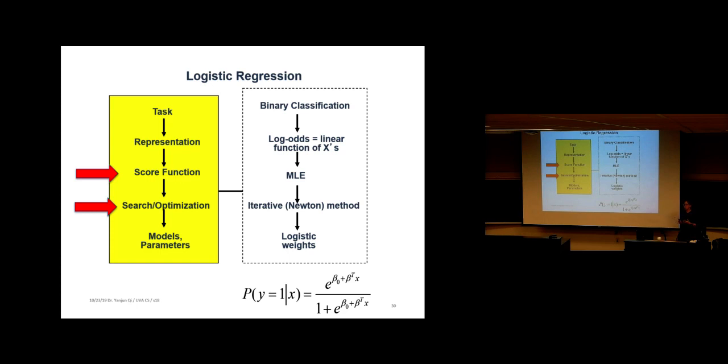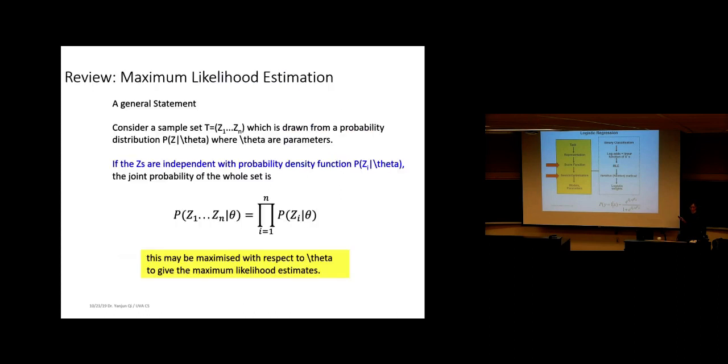When you have a probability type of formulation, you mostly use a maximum likelihood estimation based formulation to model the scoring function, the loss function. That's a good formulation, proven good when you have probabilistic modeling.